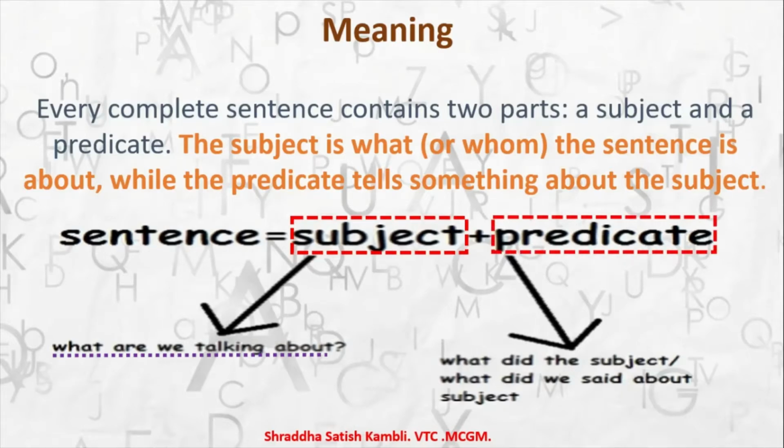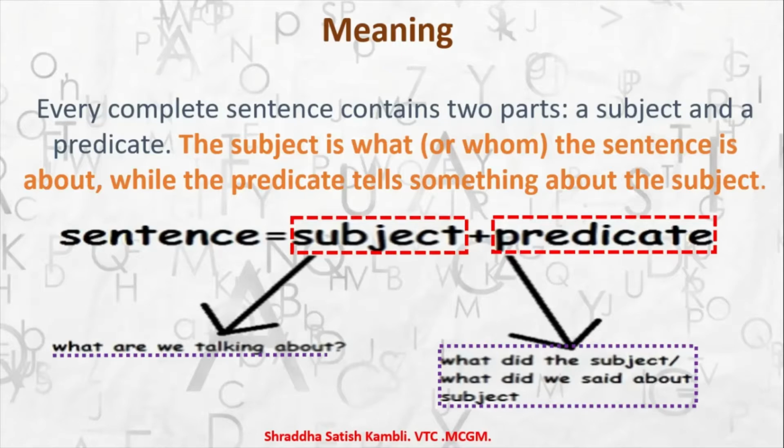So what is the predicate? What the subject did or what we said about the subject. For example, I told you the example, the rabbit ran fast. So who ran fast? The rabbit ran fast. So the rabbit is the subject. What did the rabbit do? The rabbit ran fast.